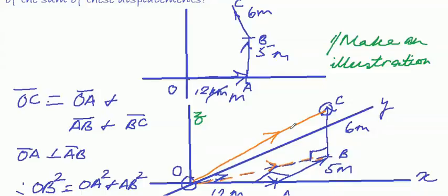So our first step was making an illustration. Second step was we found the resultant of OA plus AB, OB bar is equal to OA bar plus AB bar.